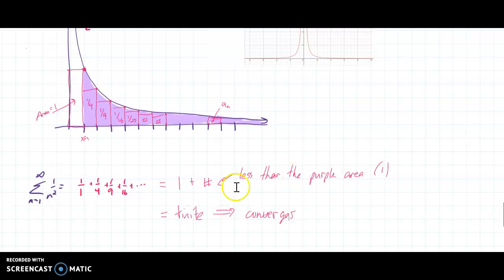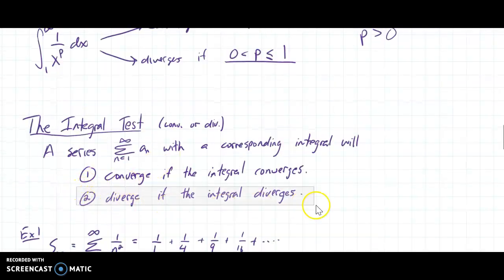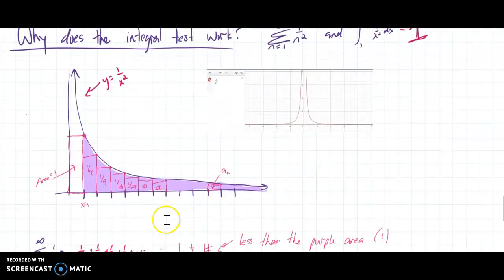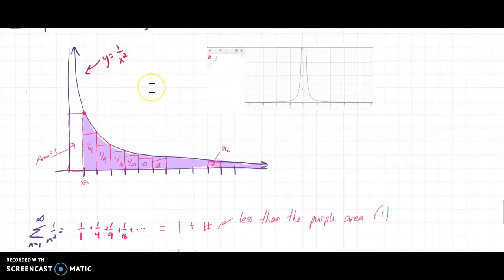You may say, all right, cool, I get that, that's fine. But what about this part of the integral test? Well, imagine that this was not 1 over x squared, but for example, 1 over root x, which I know diverges. All I have to do for the proof is make the same argument, except instead of going left, I go right for each spot. And then I don't have this extra 1 block. And then hopefully you can visualize that or see that.